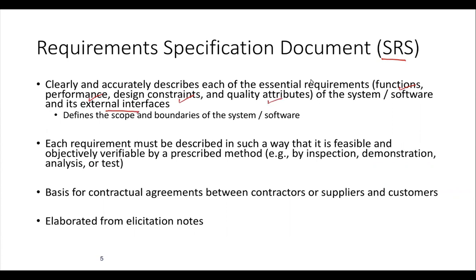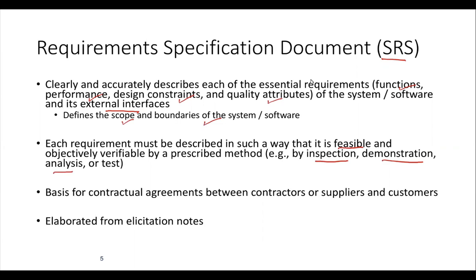In the SRS, we have information about the scope and the boundaries of the system from the inception and the elicitation phase. Each requirement in the SRS must be described in such a way that is feasible and objectively verifiable by a prescribed method, which we did before using inspection, demonstration, or even analysis.